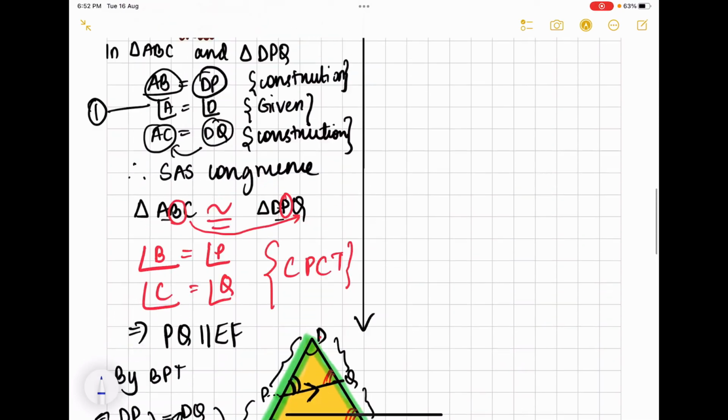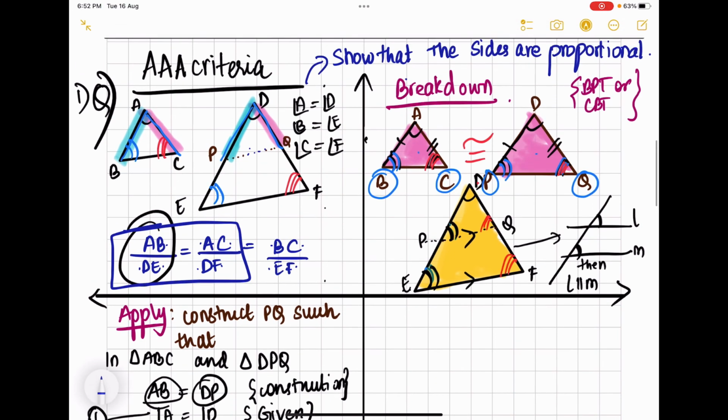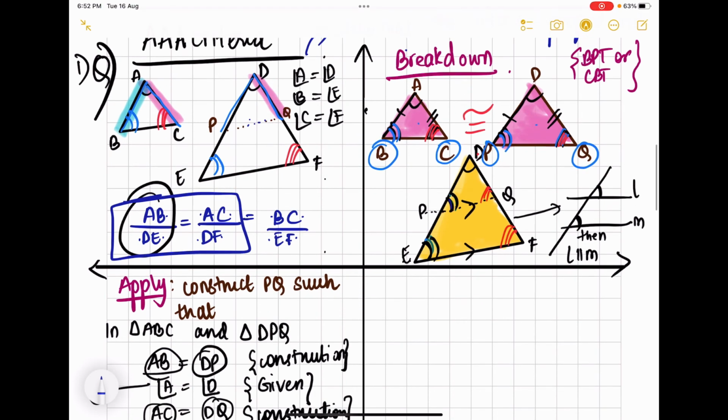A quick recap of what we did. We first had these two triangles, then we constructed a line PQ, we made a construction. Remember to draw all your construction in dotted lines, and we found out that because of this construction, these two triangles that I'm getting are actually congruent to each other, which means this angle and this angle will be equal.